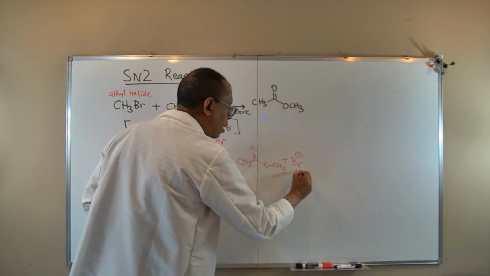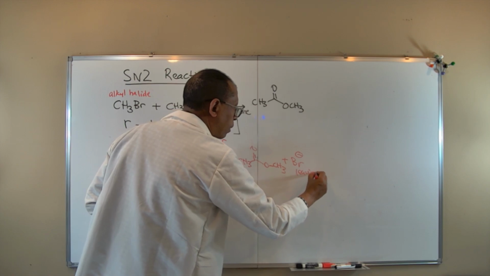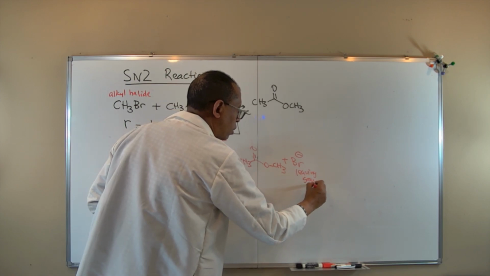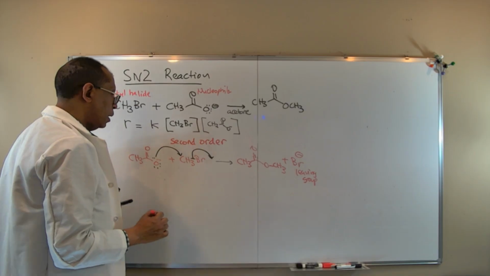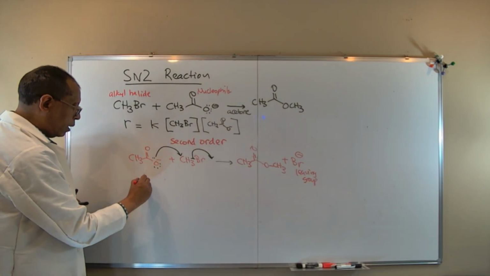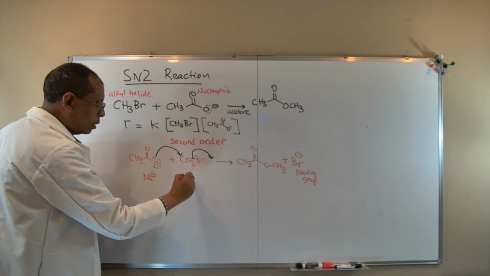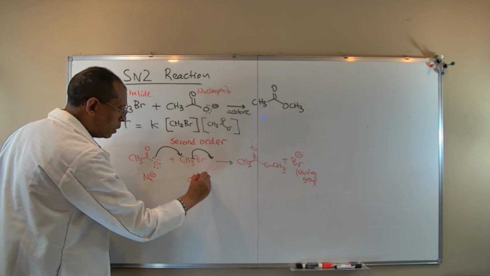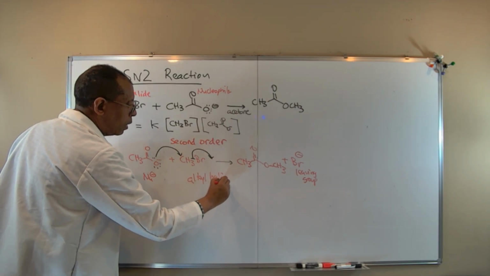This is your leaving group. You should have a good leaving group for the reaction to happen as well. And this is your nucleophile. This is the alkyl halide.